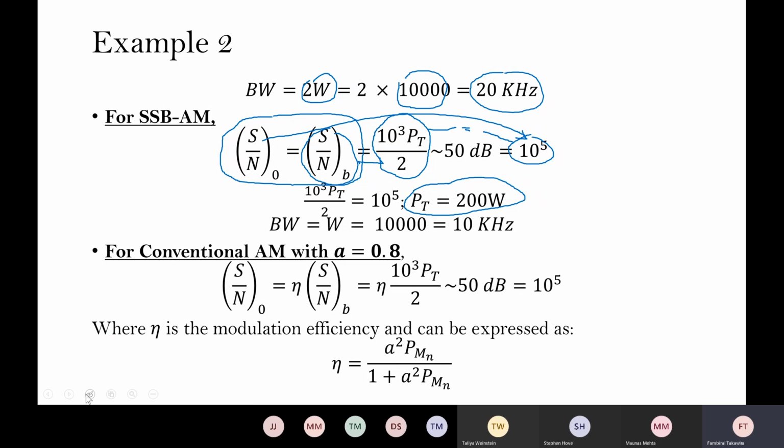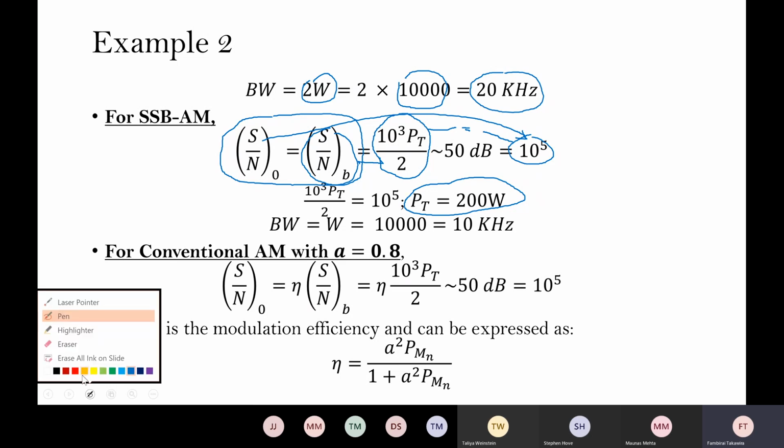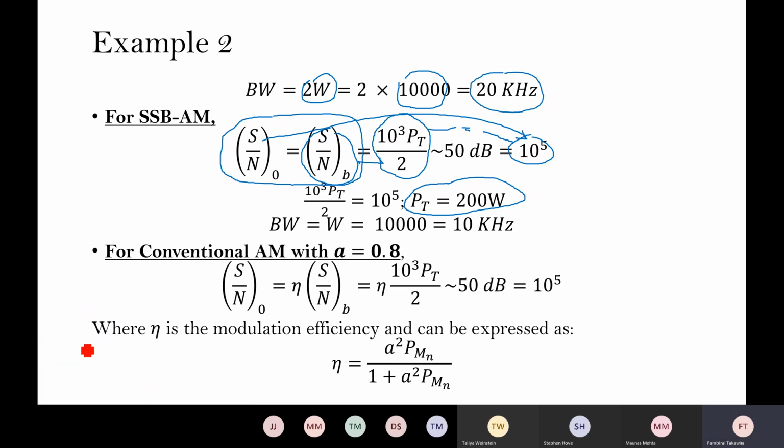The conventional AM is actually a bit more involved. In the case of conventional AM or DSB full carrier, we have derived the expression which says the signal to noise ratio at the output is going to be some value eta times the signal to noise ratio baseband. Therefore, it will be equal to eta times 10 to the 3 PT upon 2.